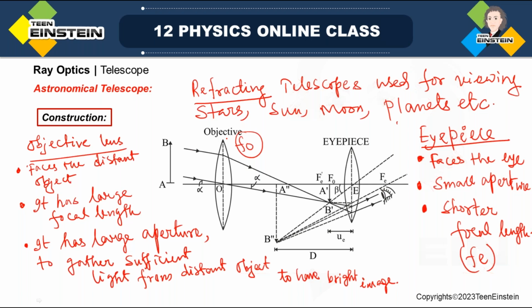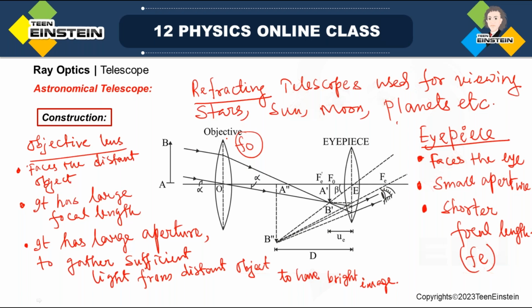Now we have discussed the construction part. Now we'll go to the use of astronomical telescopes. Astronomical telescopes can be used in two ways, as we have seen in case of microscopes as well.